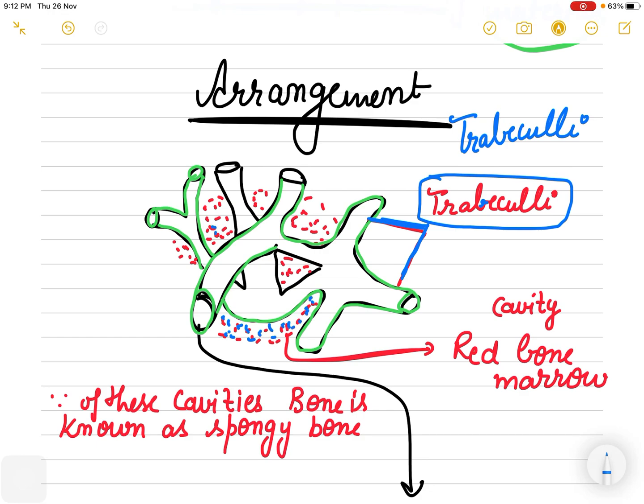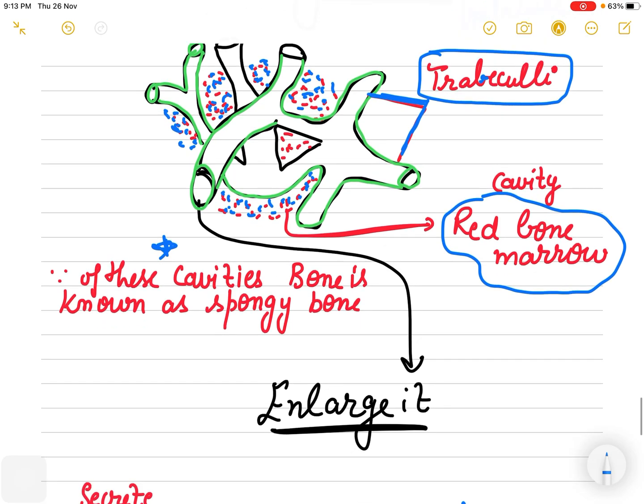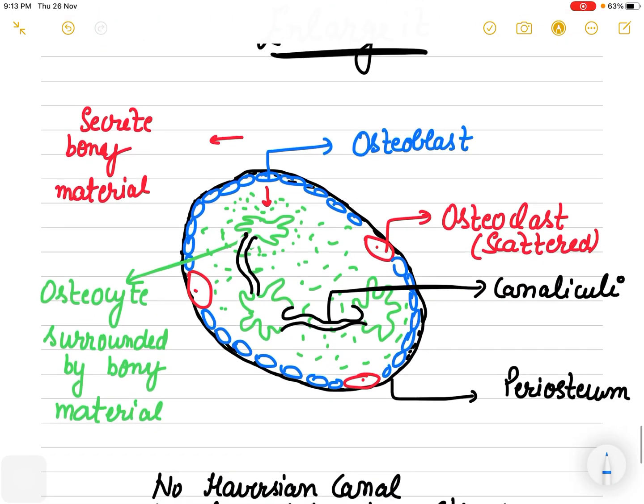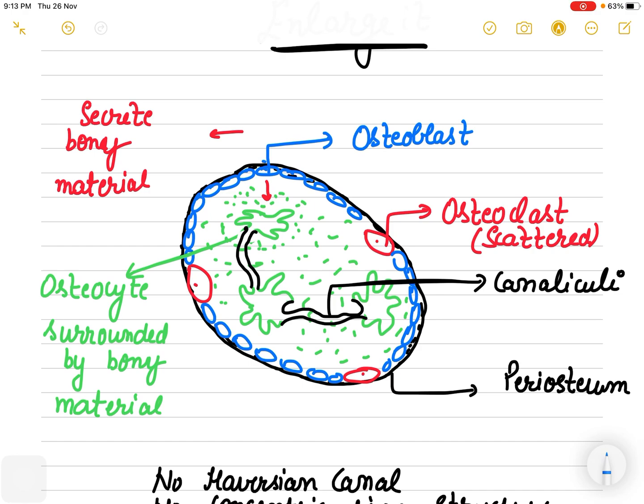This is definitely a cavity, and the cavity of this spongy bone is the red bone marrow. Because of these red bone marrow cavities, this bone is known as spongy bone. Now I am going to enlarge this structure to see how it looks.